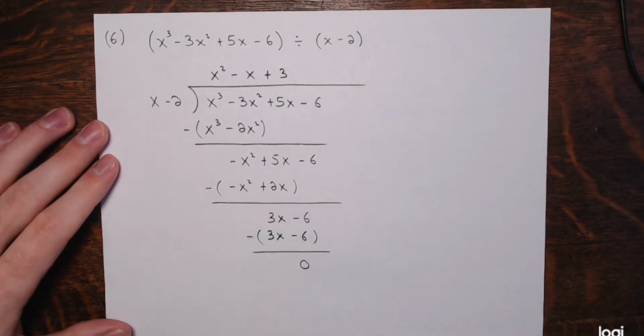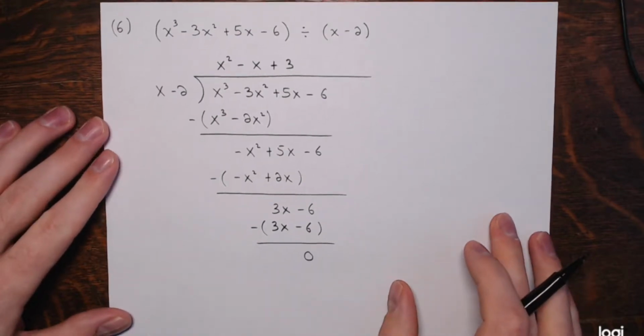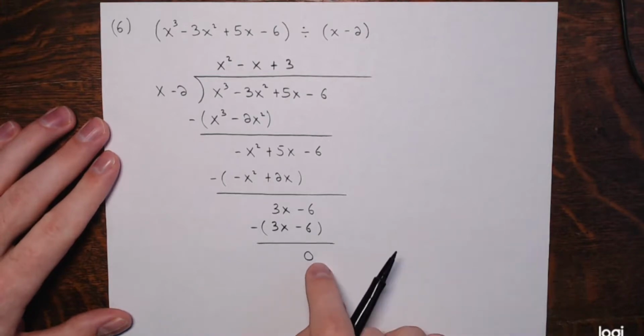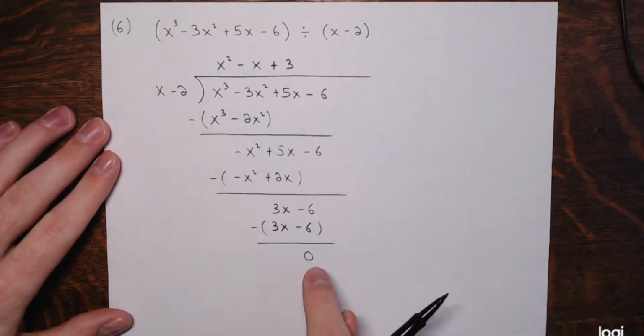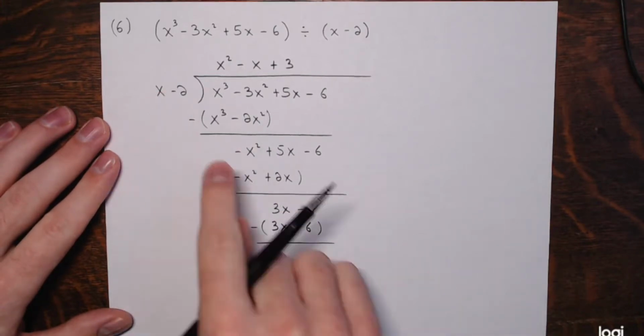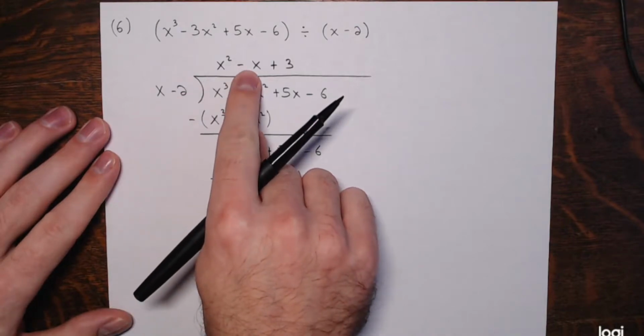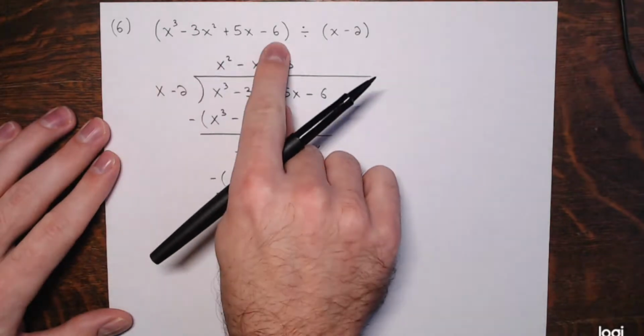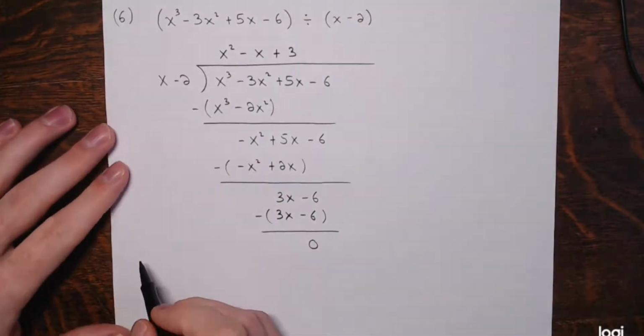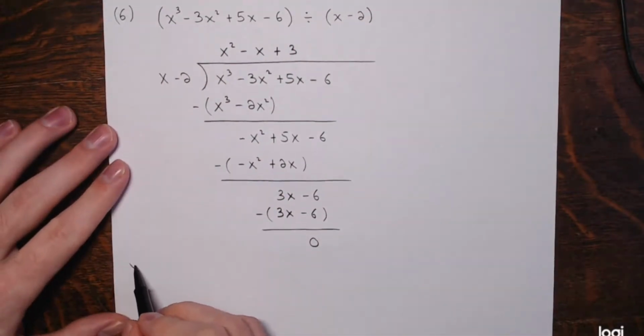The remainder is 0. So that tells me, again, when the remainder is 0, that tells me that the divisor and the quotient are factors of the dividend. And once again, the two different ways to express this division problem are this.